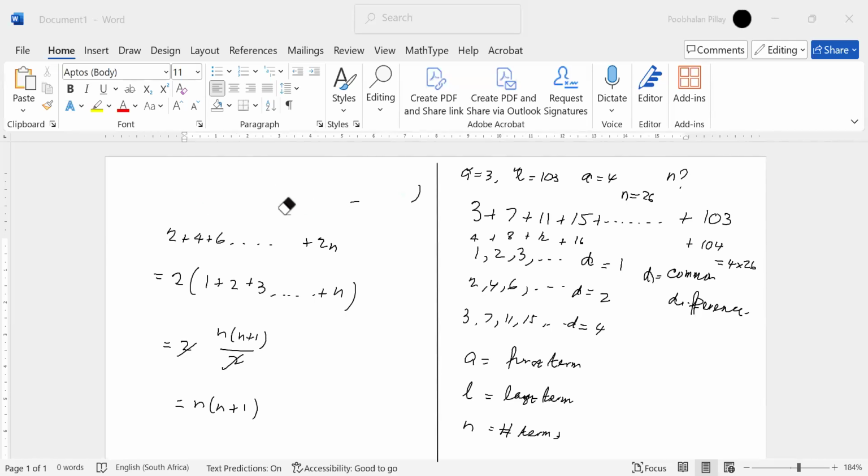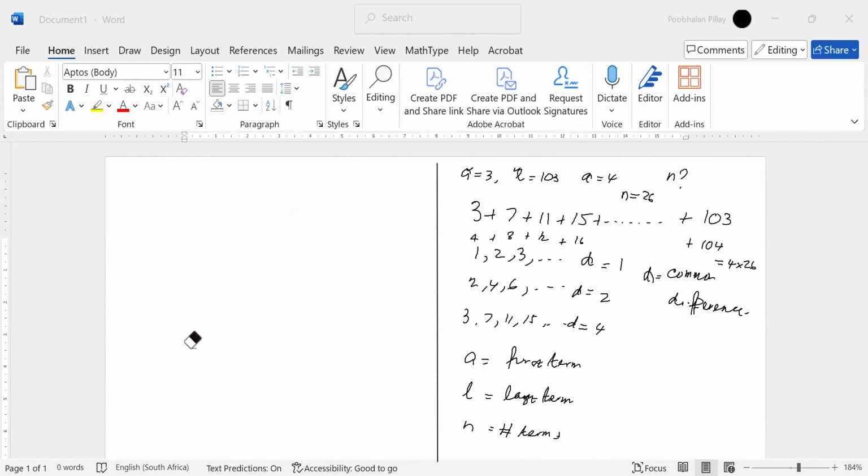I want you to write this down, take a photograph. There is a formula that links up the L, A, D, and N. You can always calculate the number of terms using this formula. N is equal to, you take the last term, subtract the first term, divide by the common difference, and add 1 to it.